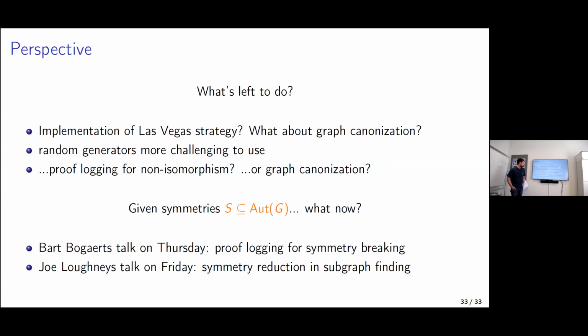Or do you do something completely different? I'm not sure that, for example, the really random generators would work well for this. For these Lex Leader constraints, the intuition is that you would like to have symmetries that are expressive and have small support, and in particular you want symmetries with small support, I think.